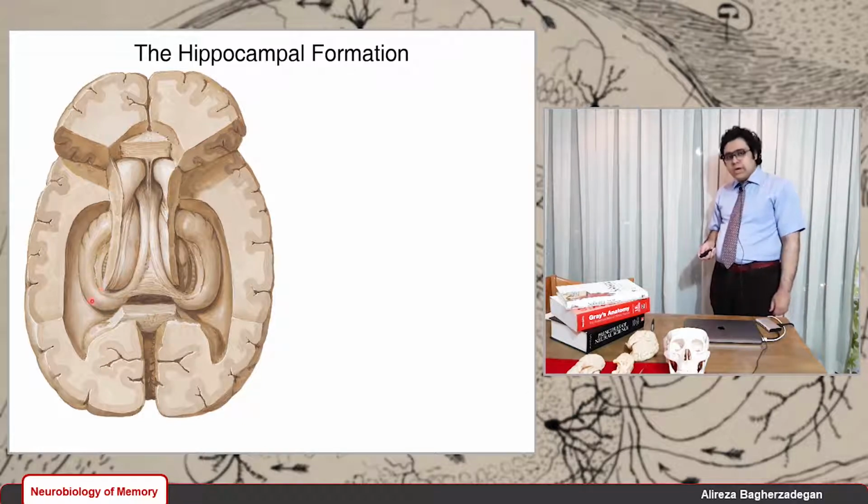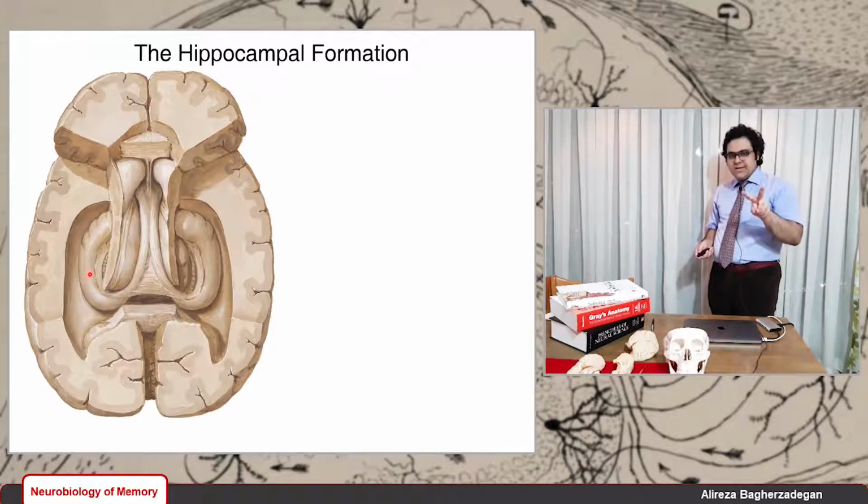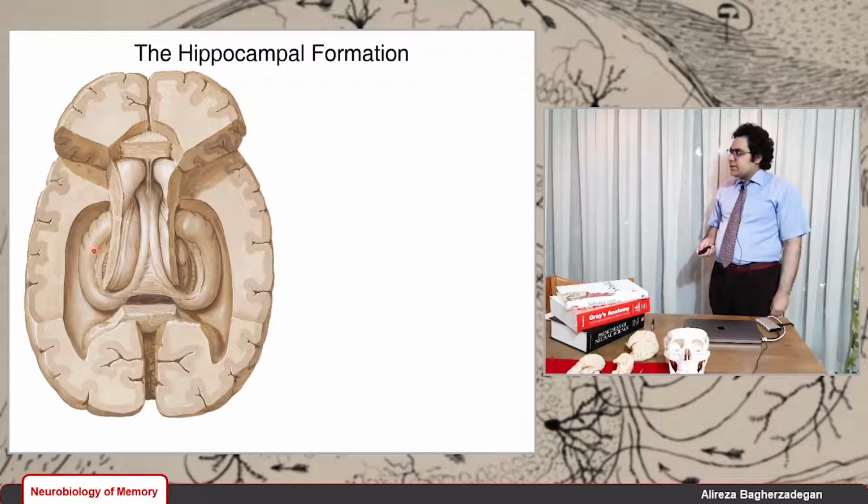I'm going to show you why neuroscientists and neuroanatomists actually call it a seahorse structure. Of course, the reason is very clear, but I'm going to show you a comparison between hippocampus and a seahorse. It resembles a seahorse. This is the hippocampus. It's a convex elevation.